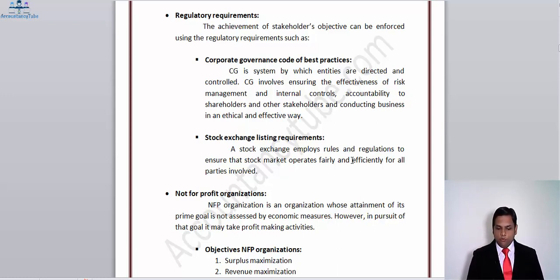A stock exchange employs rules and regulations to ensure that the stock market operates fairly and effectively for all parties involved, and that's the reason it regulates the listed companies so that they comply with the regulatory requirements. There is no unfair conduct going on to benefit a few and discard the remaining. Such behavior is discouraged by stock exchanges across the world.